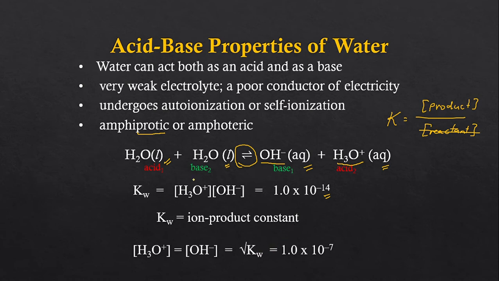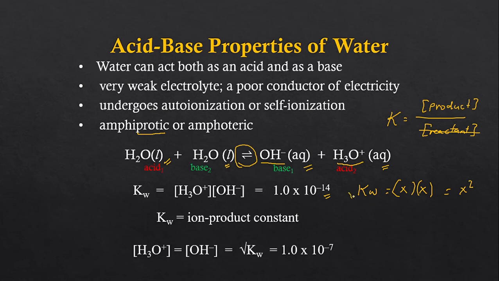Since, kumbaga kung simple lang to, simple algebra, okay, Kw is equal to, ito kasi, pareho lang naman sila ng amount na na-produce. So, this is X times X. So, this is X squared.